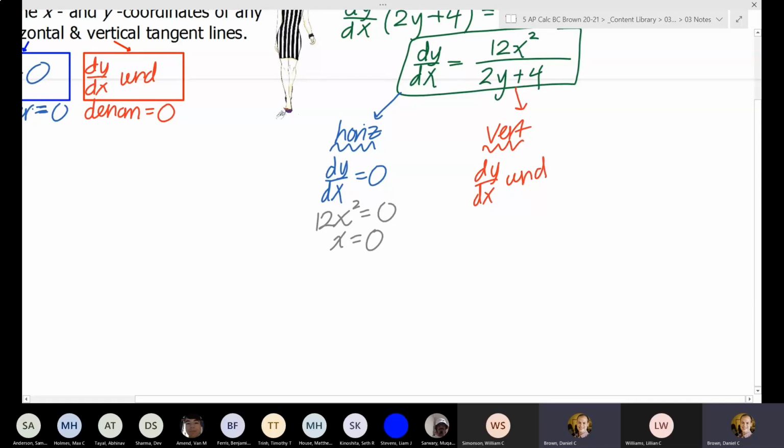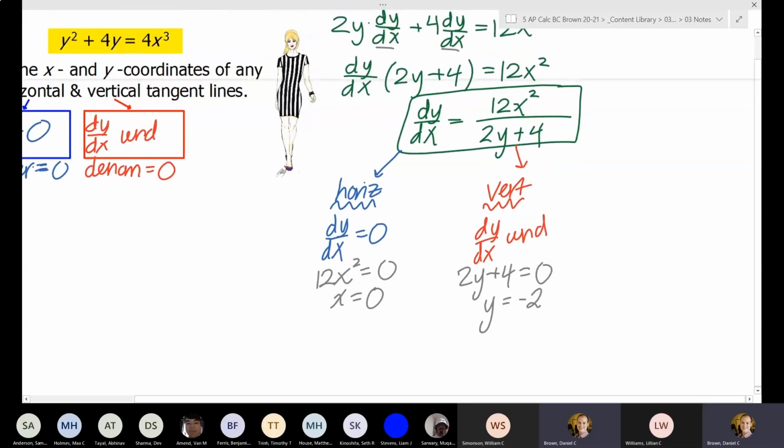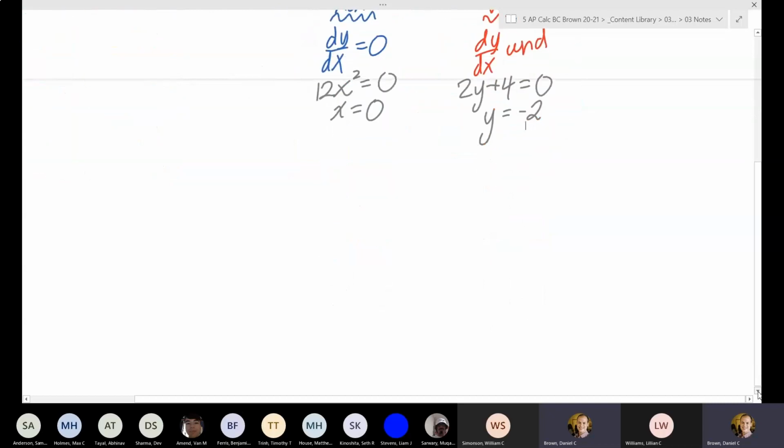This derivative is undefined when its denominator is equal to 0, or when y is equal to, subtract 4 and divide by 2, negative 2. Do be careful here, that doesn't mean there's a coordinate of (0, -2). Those are two separate places on the graph. The original question did ask us to find the x and y coordinates because some things can happen when you have these implicitly defined functions.